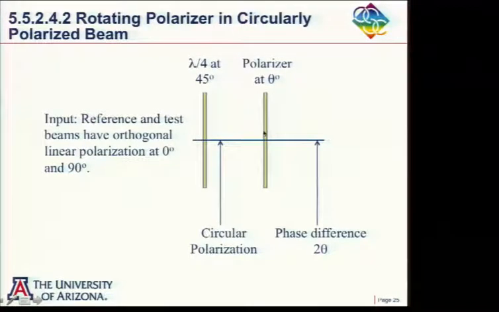And now I'm going to put in a polarizer to get interference fringes here. And what we're going to see in a second is that the phase of these interference fringes depends upon the orientation of this polarizer. If I rotate the polarizer by an angle theta, the phase in the interferogram changes by an amount 2 theta.